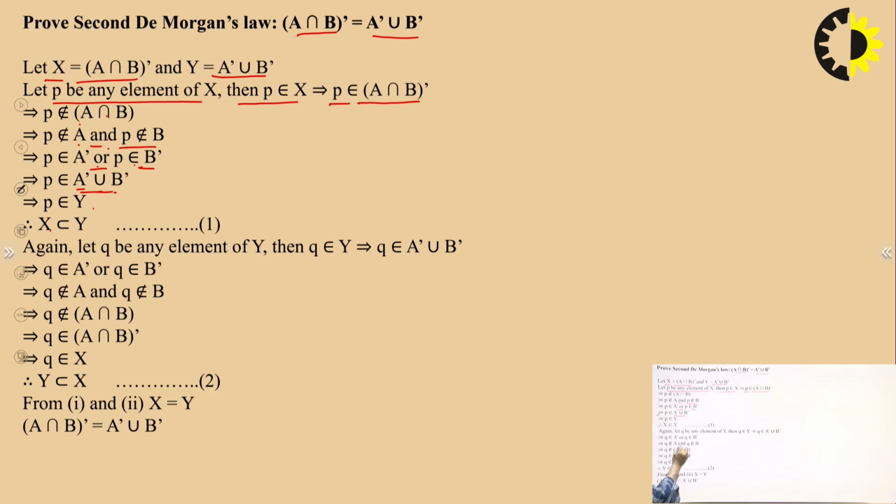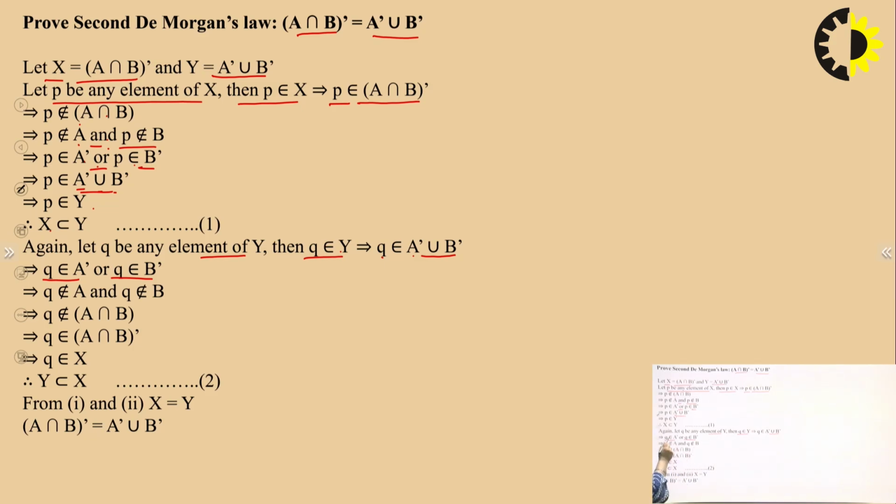Now again, let Q be any element that belongs to y. Then Q belongs to y, and y is equal to A's complement union B's complement. So Q belongs to A's complement union B's complement. Now Q belongs to A's complement, or we can say Q belongs to B's complement. We have opened it.